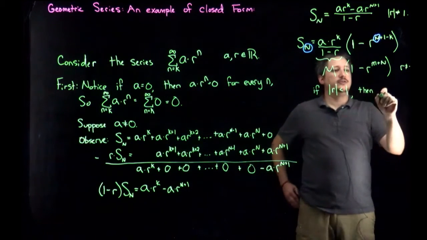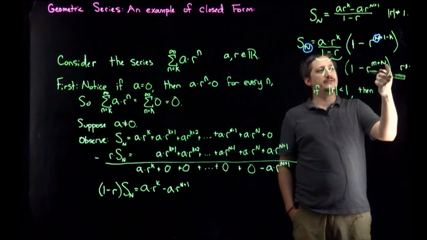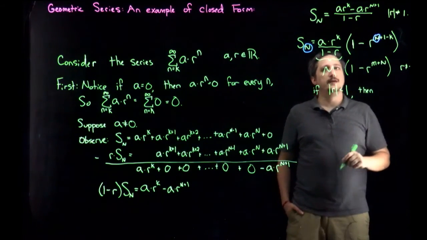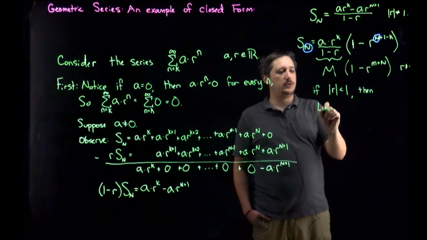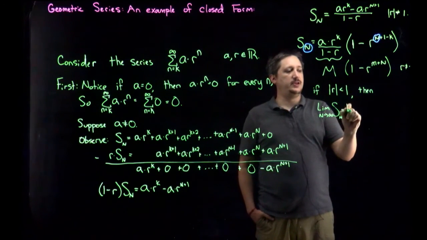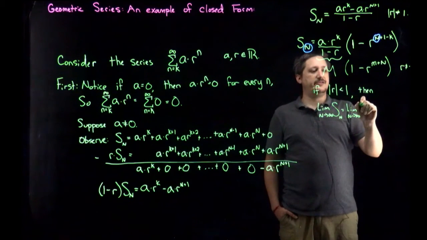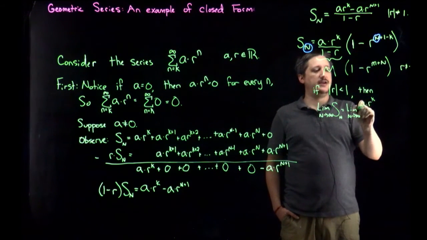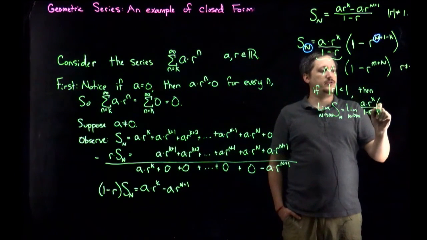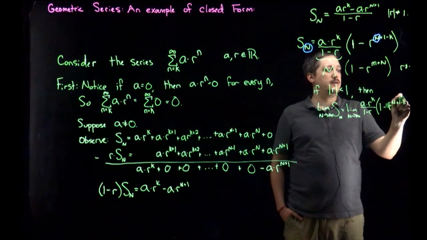then this term, as n gets really big, the exponent goes to infinity, and something less than 1 goes to 0, right? Then the limit as n goes to infinity of Sn equals the limit as n goes to infinity of this a times r to the k over 1 minus r, which is whatever it is, times 1 minus r to the n plus 1 minus k.